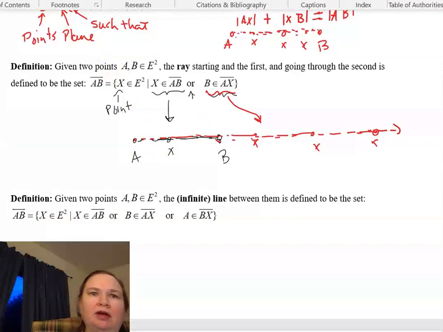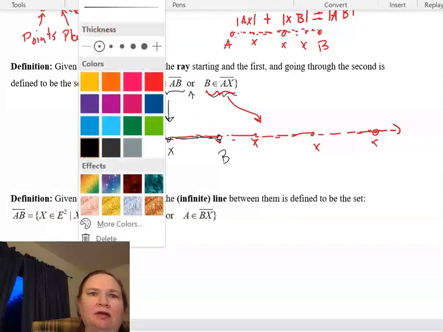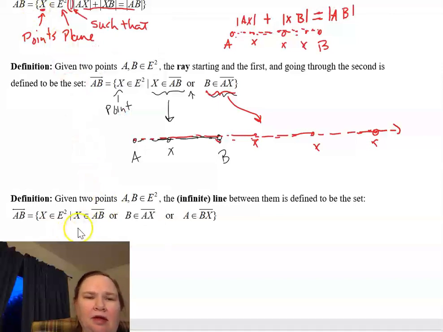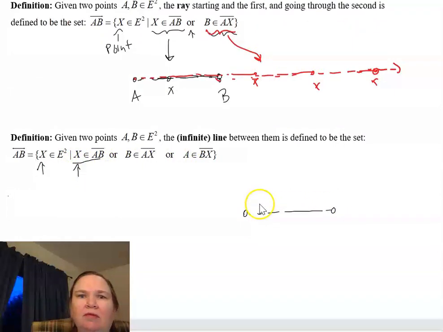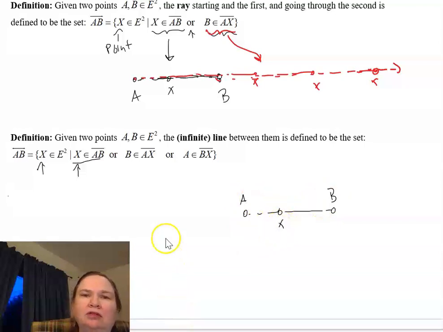We say, all right, my point is going to be on the infinite line if that point satisfies the condition that it is on the segment from A to B. So all of those x's are on the infinite line.